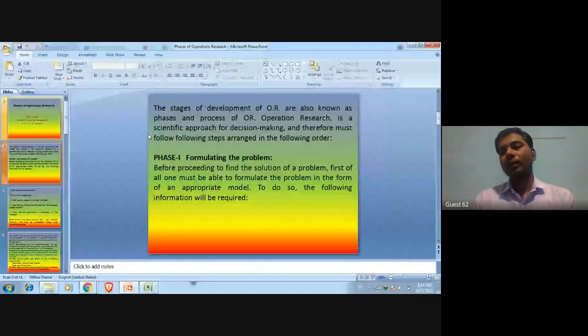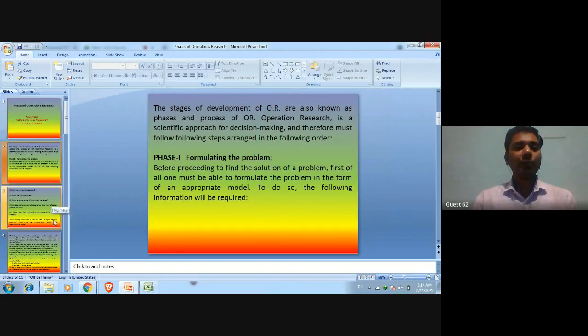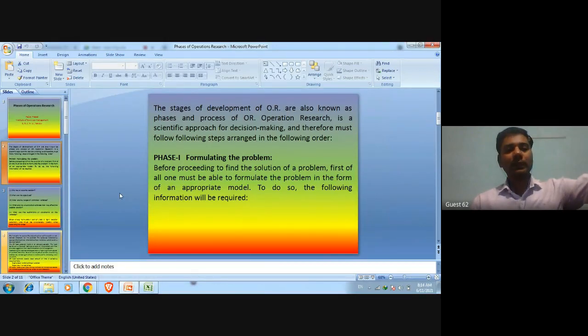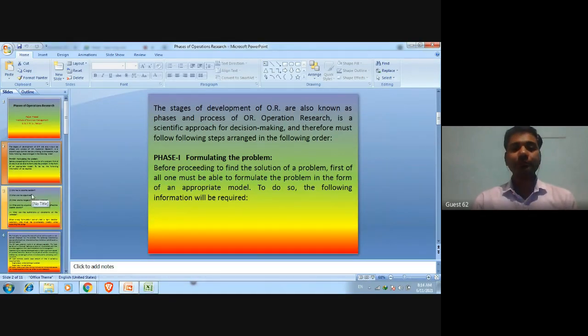Actually, when you are trying to formulate the problems, from where are these problems arising? There are so many factors which can create the problem, and after that problem arises, you will try to solve it.